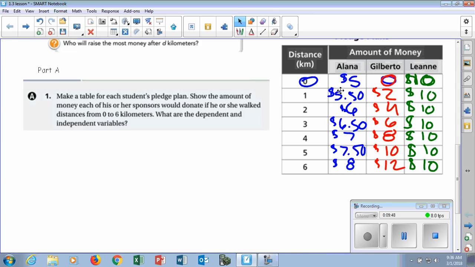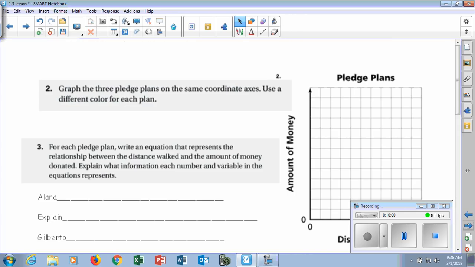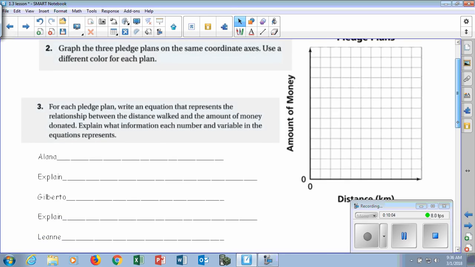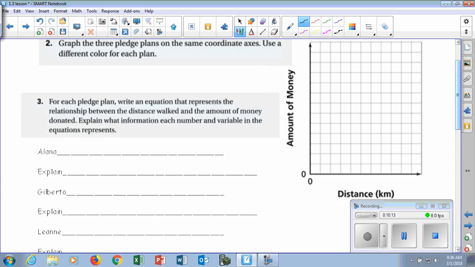No? Okay. So now if we go on to our second page, it says for number 2, graph the 3 pledge plans on the same coordinate axis, but use different colors for each plan. If we use different colors, it is so much easier to read and understand what is going on. So I'm going to create the graph. We know that we have distance on the bottom, our x-axis, because they already told us that. I think these should go by 2s.